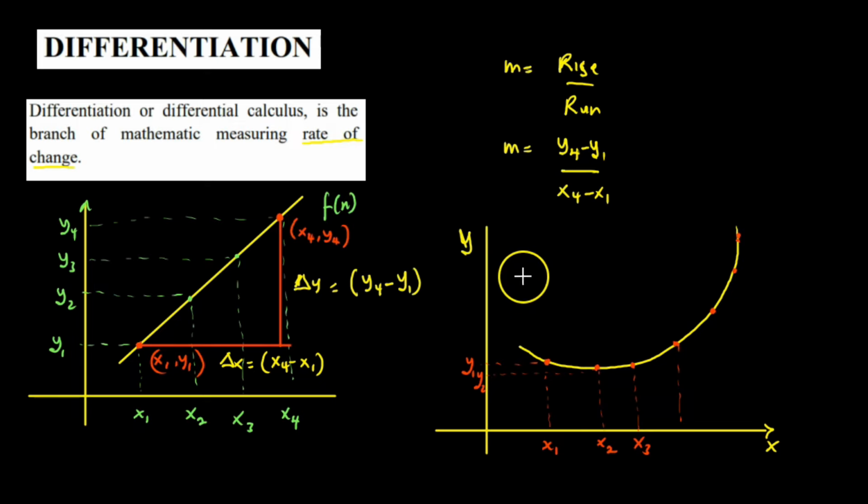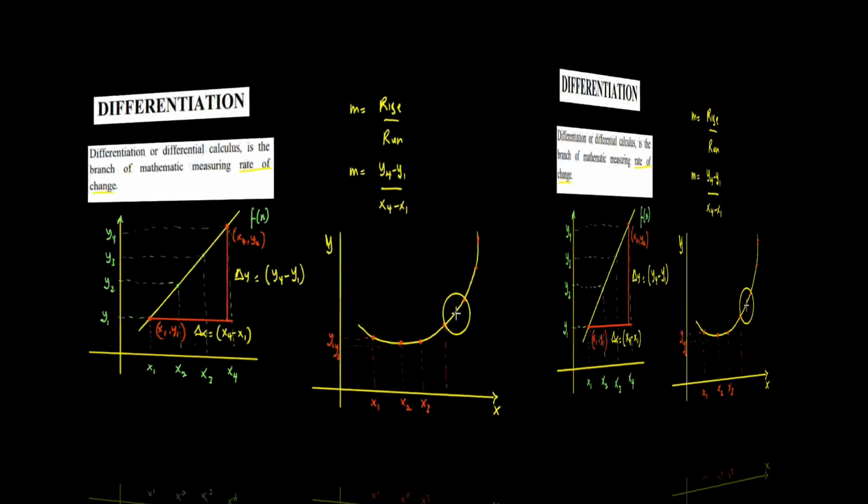So let us see how best we can use the idea of gradient of a line to determine the gradient of a curve at a given point. So to determine the gradient of the curve at a given point, let's consider our curve on this Cartesian plane.